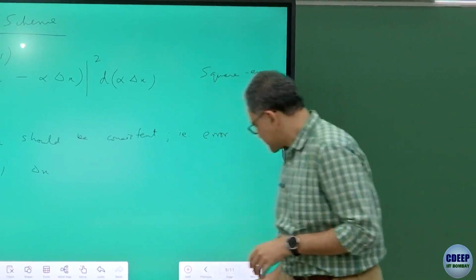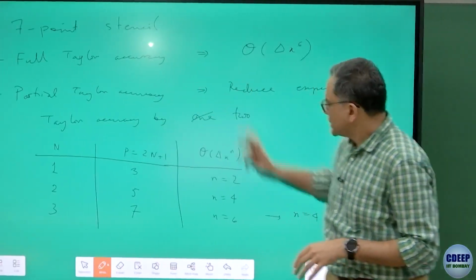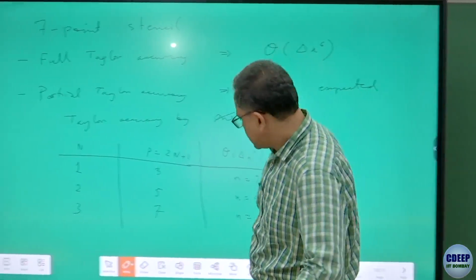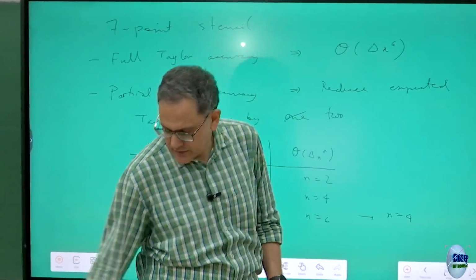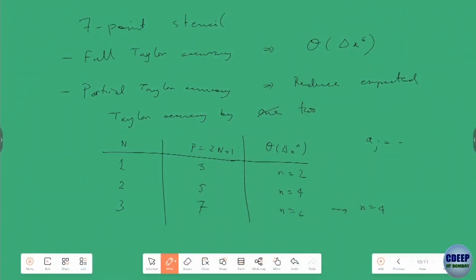So what you do instead is you still use the symmetry property of your stencil, that is A minus J equals AJ. So this you still preserve so that the wave numbers do not decay or grow.